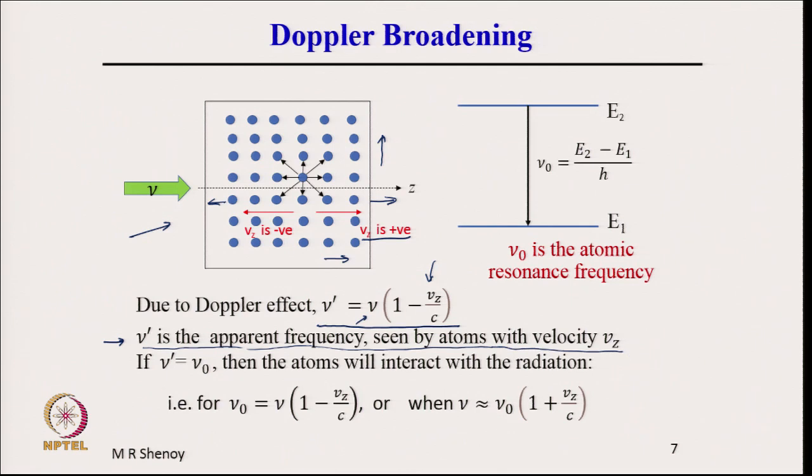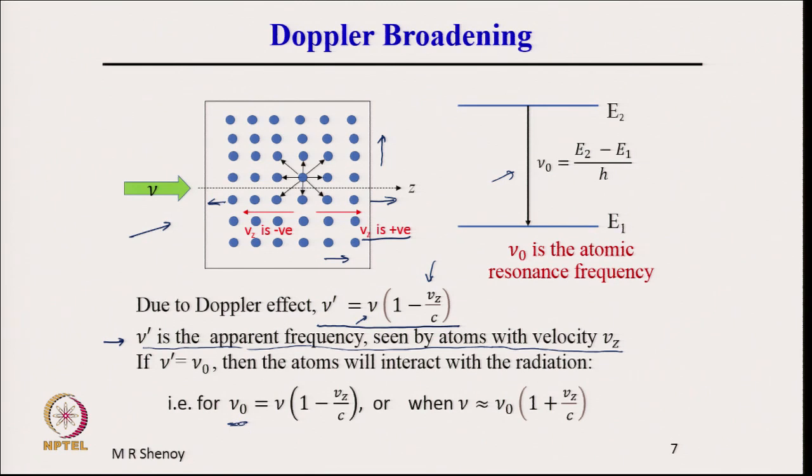Therefore, whenever the frequency seen, nu dash, becomes equal to the atomic resonance frequency nu 0, then the atoms will interact with radiation. This is very important. That is, nu 0 equals nu into 1 minus Vz by C, where we have replaced nu dash by nu 0.